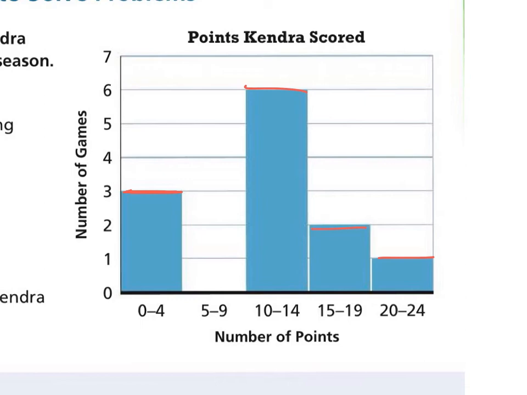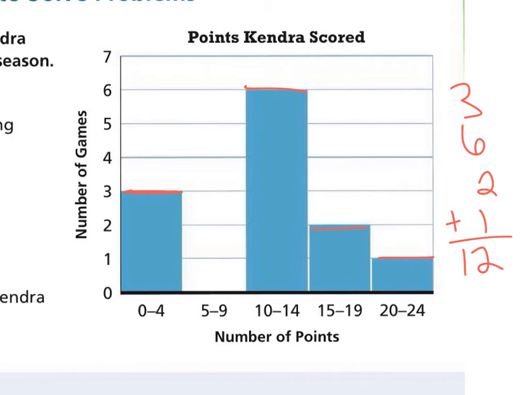So if we just add those numbers together, 3, 6, 2, and 1, that adds up to 12. And that's how they figured out that she played a total of 12 games.